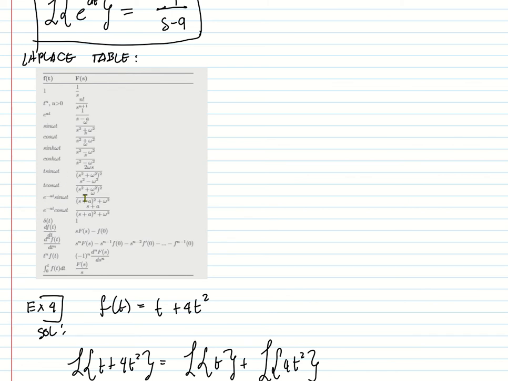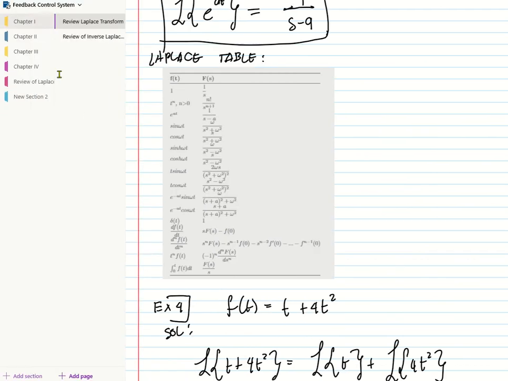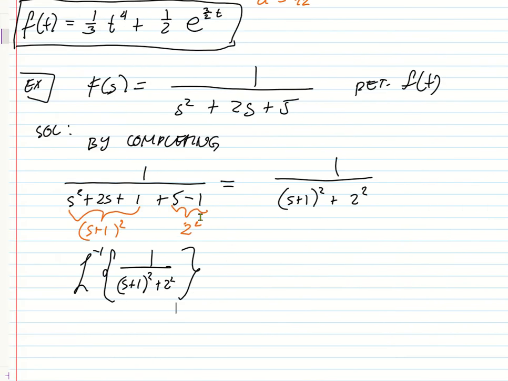There's s plus a, then squared, where omega here is a constant. You just need to multiply the answer with e raised to negative at. If it's negative, then e raised to positive at. So it's sine omega t. So we will be using that formula here.